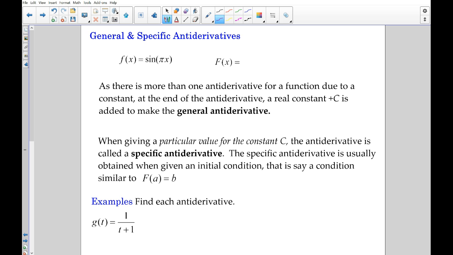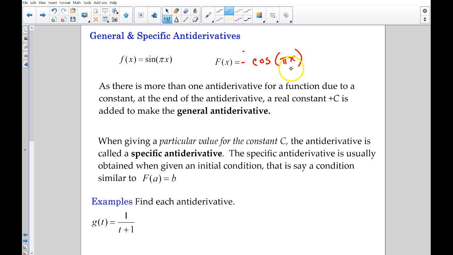In that introductory video, we discussed that if we have a function and we want to find its antiderivative, then we need to undo that differentiation process. So sine is the derivative of cosine, and normally if I differentiated cosine, I would end up with a negative sine x, which is not present here.